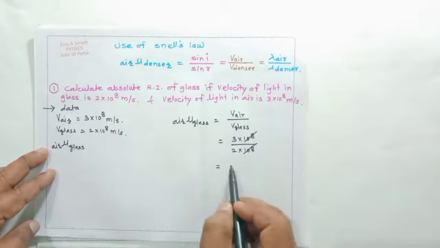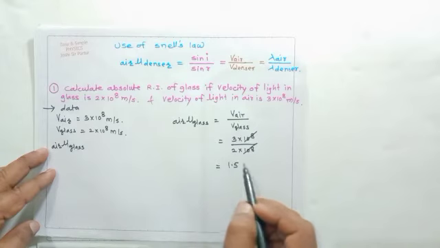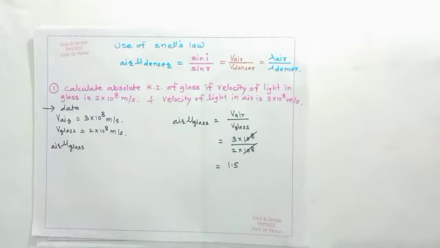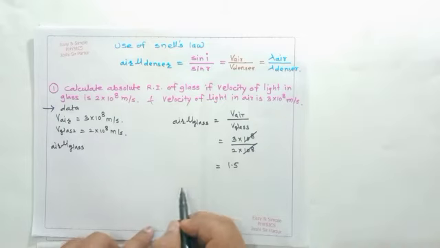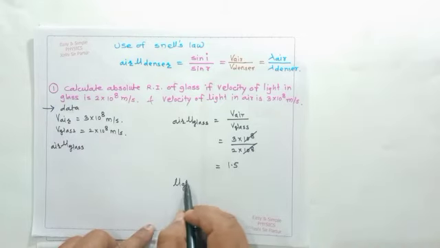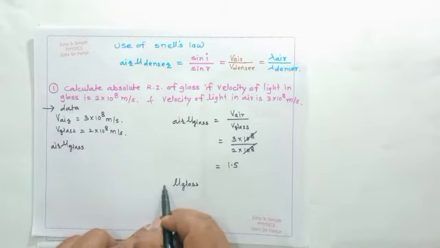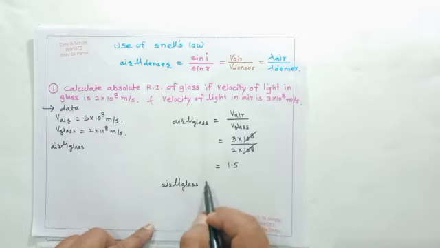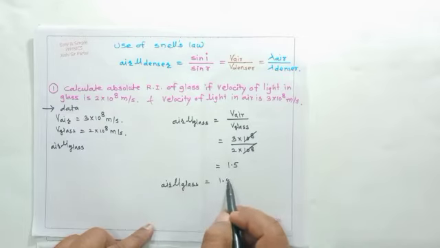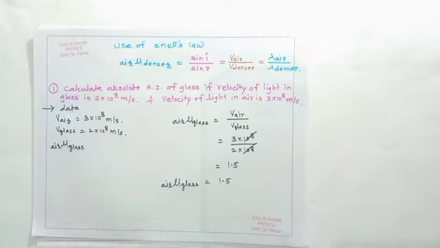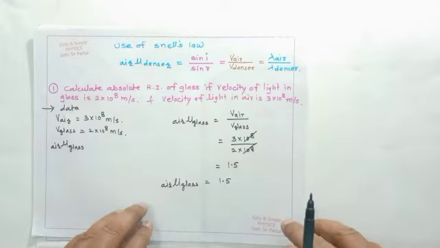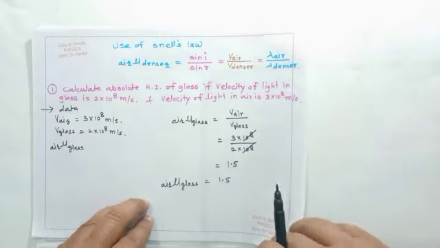So here if we divide 3 by 2, then the answer will be 1.5. So refractive index for glass with respect to air is equal to 1.5, or it is the absolute refractive index of glass.